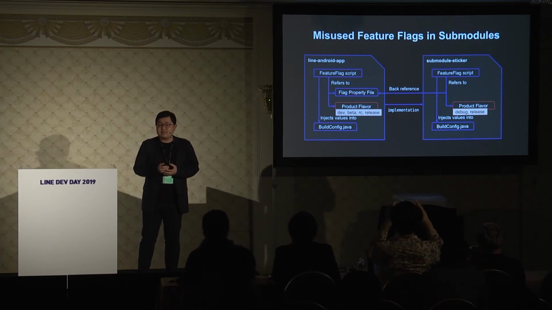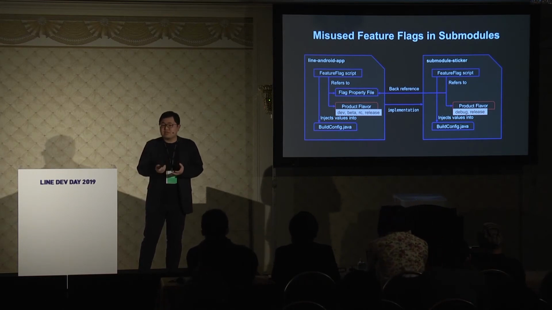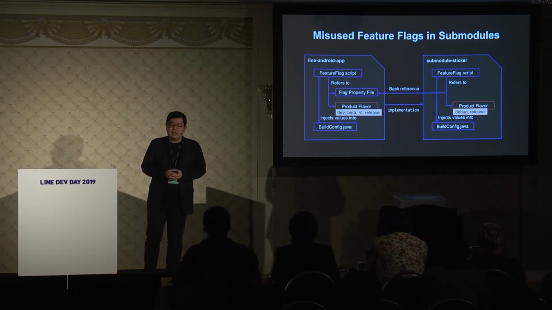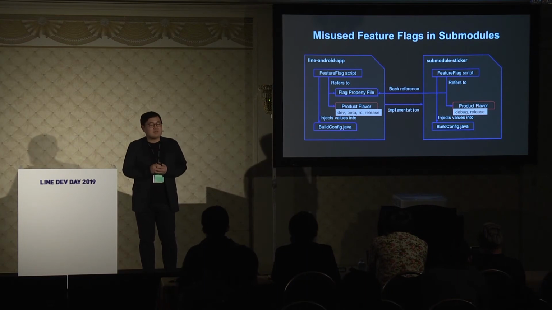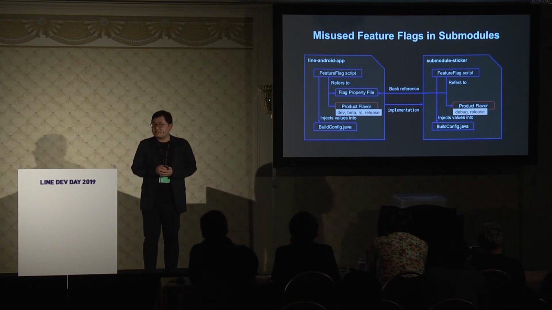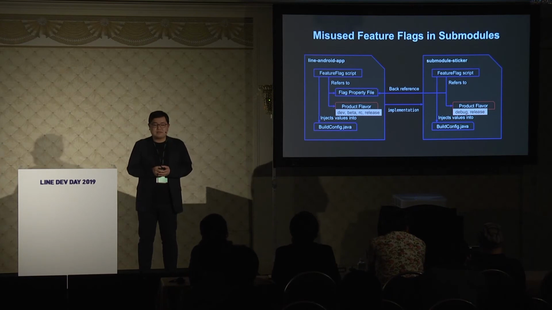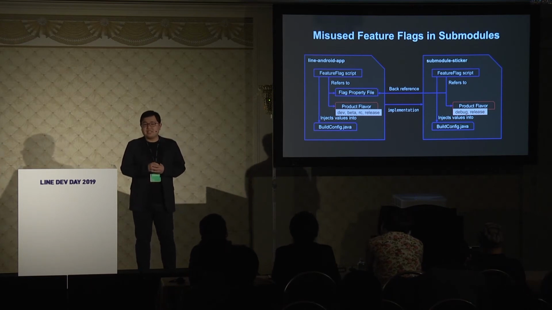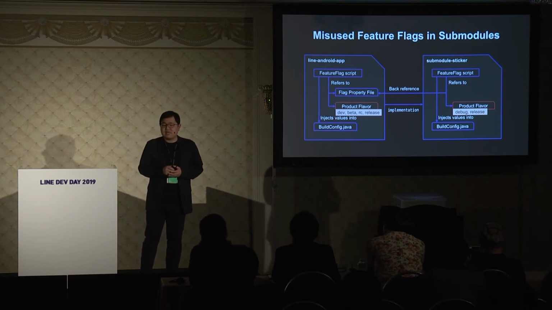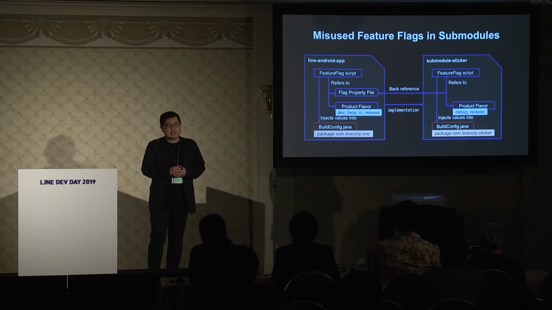So in the app module, there is a feature flag in a property file, and that is described based on the app module product flavor. So if there is a property which doesn't exist on the submodule side, a different value was generated. So this is another issue.